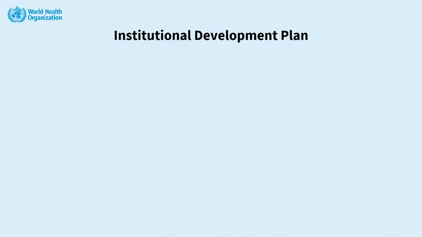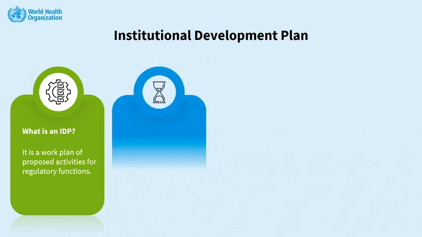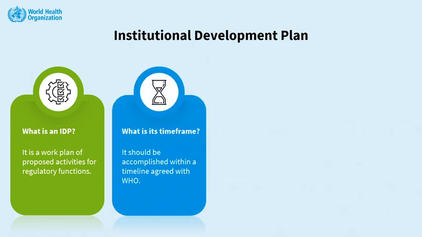The collection of all recommendations to improve different areas constitutes the Institutional Development Plan, which is an important outcome of the benchmarking process. It is the work plan outlining the proposed activities for each regulatory function, and serves as the foundation for improvement and monitoring progress. The IDP is to be completed within a timeline agreed upon with the WHO, typically spanning 2 to 3 years.